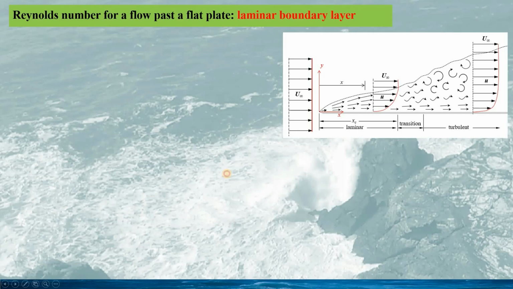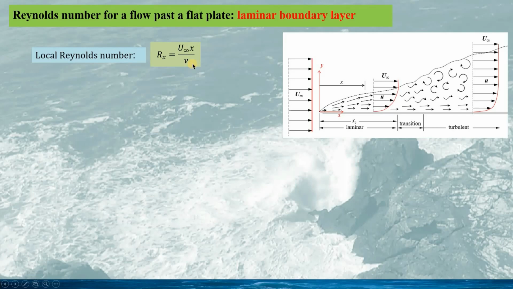In this slide, a famous flow, the uniform flow past the flat plate. Due to the fluid viscosity, there will be a boundary layer development as seen in this plot. For this example, we can define a local Reynolds number Rx as this.